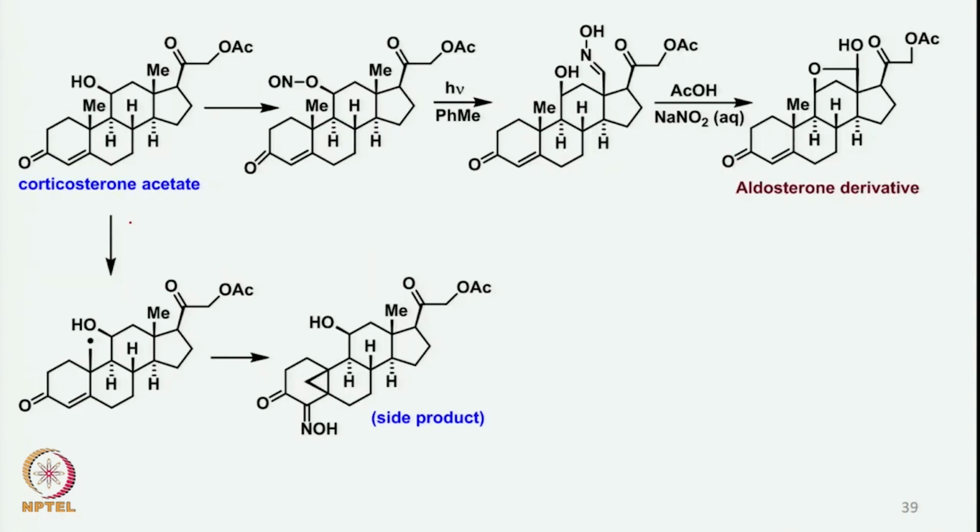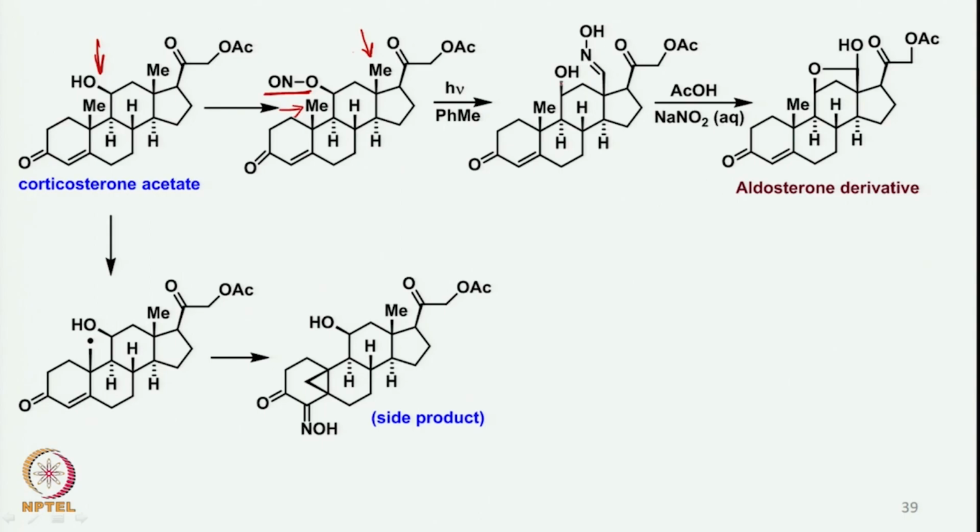This Barton reaction has also been utilized in many steroidal molecules. As you can see, corticosterone acetate here has a hydroxy group at this position, and you can convert it into the corresponding ONO group here, photolyze it, and then either this particular methyl group can take the hydrogen, or even this.